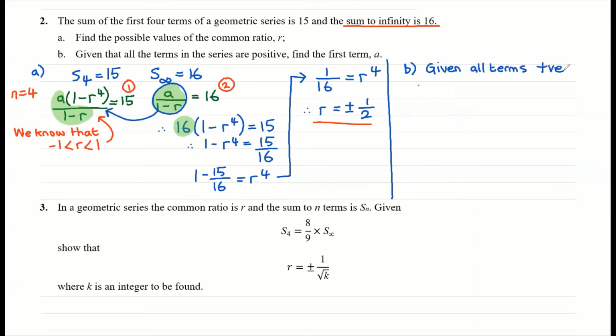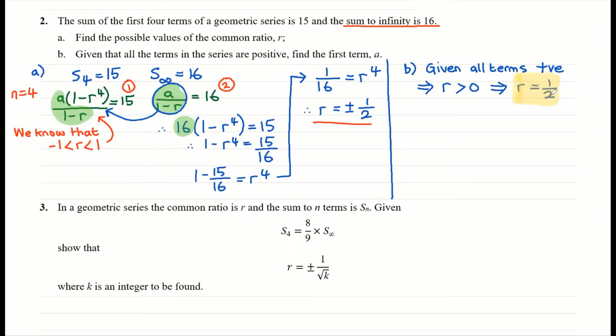Now, what that means is that your r value has to be greater than 0. And if that's true, that must mean that the r value we must take must be a half. So we're going to use r equals a half for this.